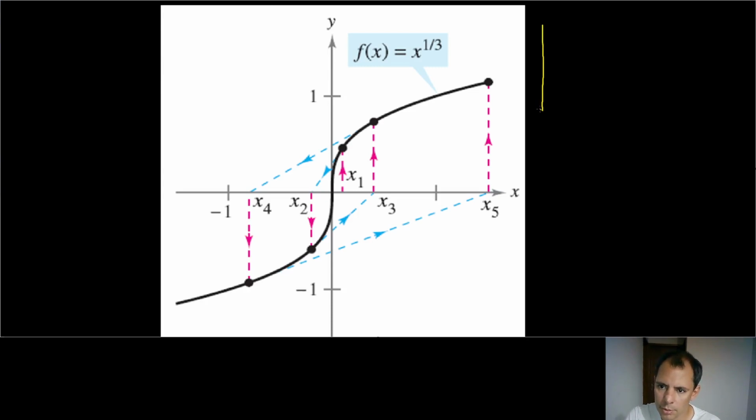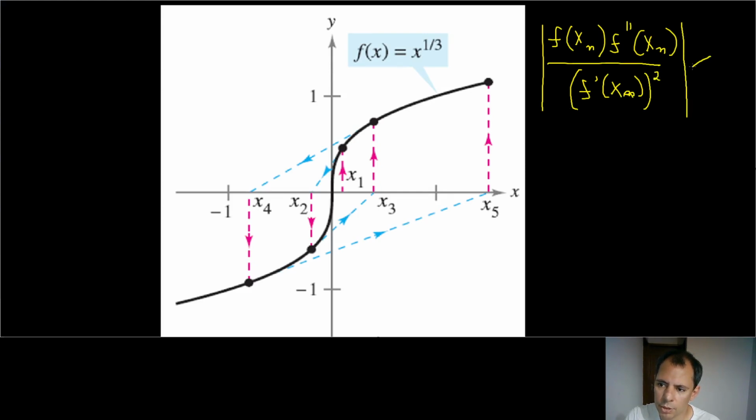You want the absolute value of f of x sub n times the second derivative of x sub n divided by the first derivative of x sub n, this whole thing squared, and that has to be less than 1. This is the condition for convergence. If you plug in a value for x sub n and it diverges, it's not going to work. If you put in one that converges, then it's within the limit of convergence, and everything works.